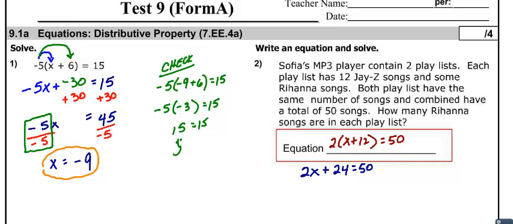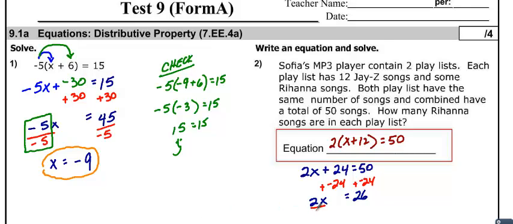All of that equals 50. We're going to remove the constant term, which is the 24, by adding its opposite, adding a -24. That gives us 2x is equal to 26.